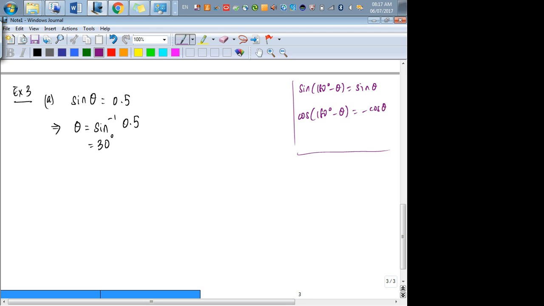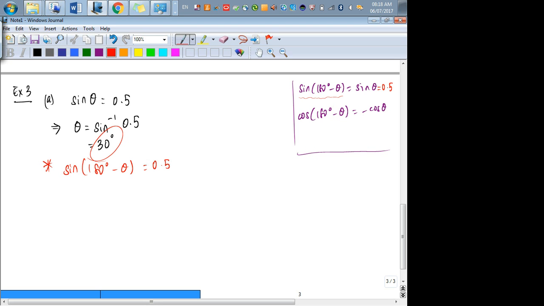Now we say that sine theta equals to 0.5. Aren't we actually saying that this is equals to 0.5? So if sine theta equals 0.5, and then we found out that theta is equals to 30, right? Aren't we also saying that sine 180 degrees minus theta also equals 0.5? Because they're all the same, sine 180 degrees minus theta equals sine theta equals 0.5.